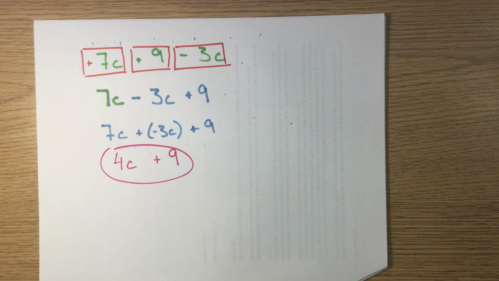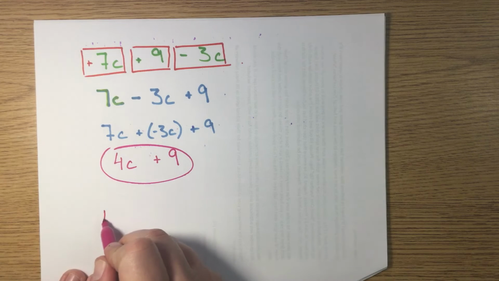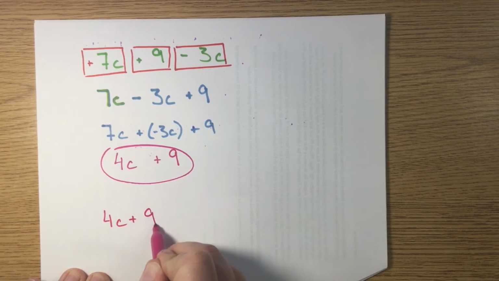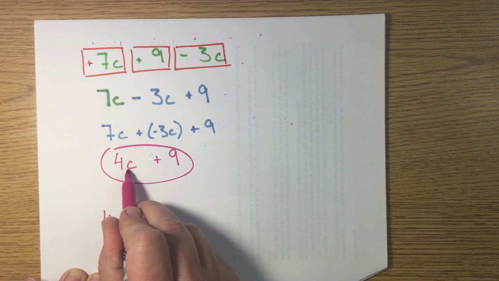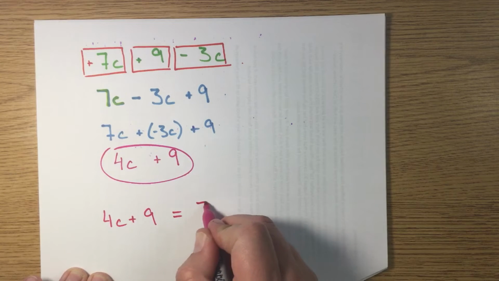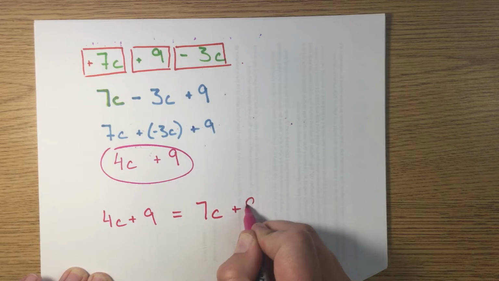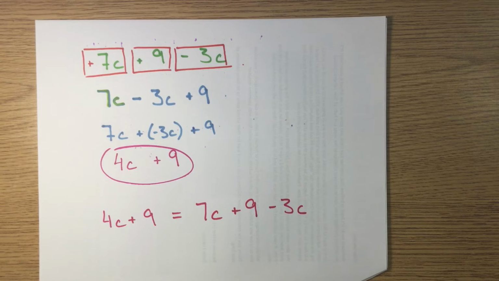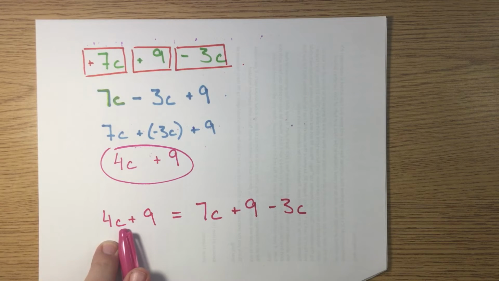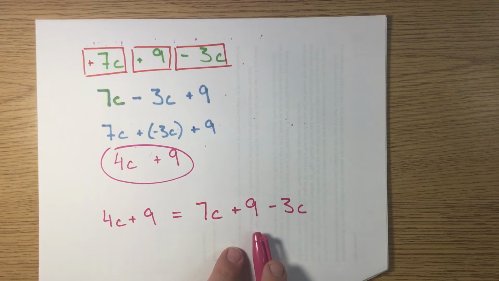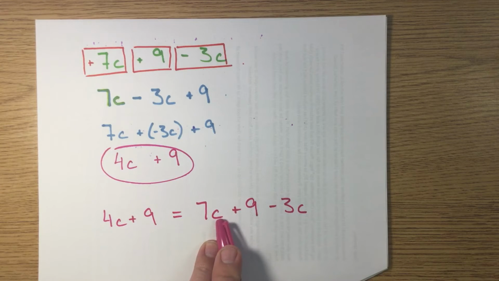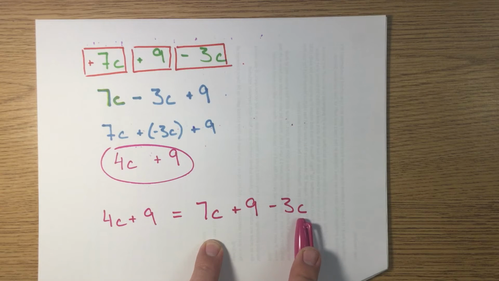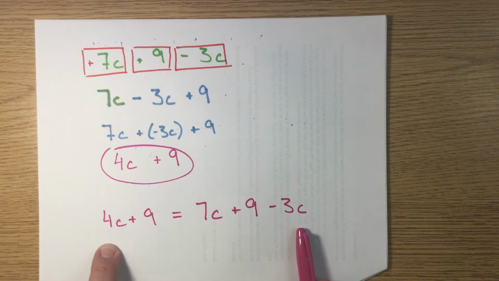So in other words, what that is saying is that 4c plus 9, this is one expression, is equivalent to 7c plus 9 minus 3c. No matter what value you put in for c, it'll come out to be the same thing on the left side of this equal sign as it would if I plugged in that same value for c here and here on the right side. These are equivalent variable expressions.